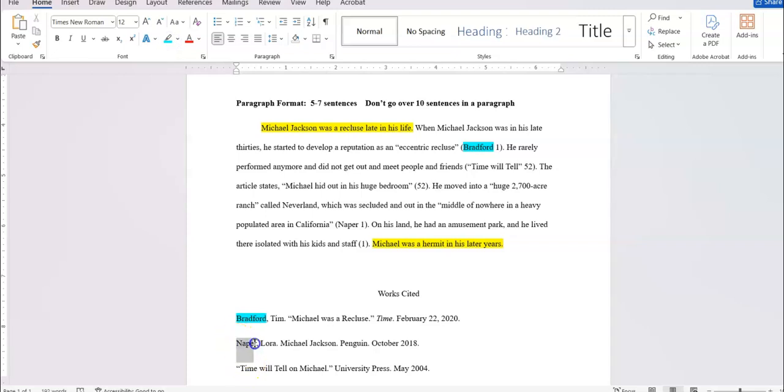If it says neighbor here, it will be neighbor above. If I have the entire title here, it will be the title here. Those need to match up perfectly. No errors at all.